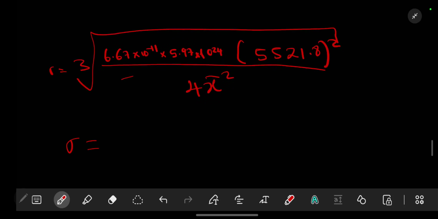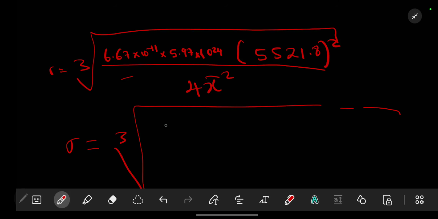So our r should be equal to the cube root of the square root of 6.67 times 10 to the power of negative 11. Then we multiply by 5.97 times 10 to the power of 24. Make sure that everything is in brackets, times our open brackets 5521.8 to the power of 2.